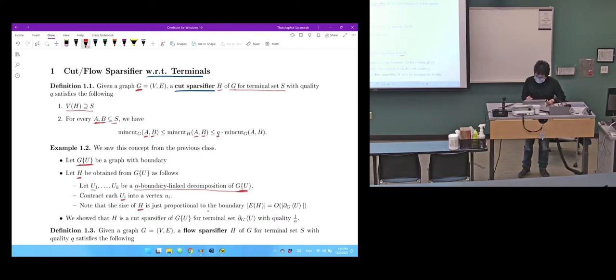The size of H is just proportional to the battery. But we have seen that H is a cut sparsifier of this graph for the terminal set, which is the battery vertices. So one can compute a cut sparsifier that preserves all cut information about battery vertices. That's one example.